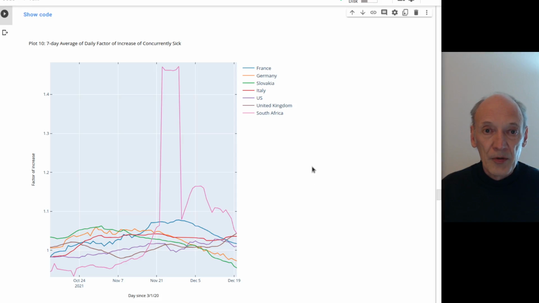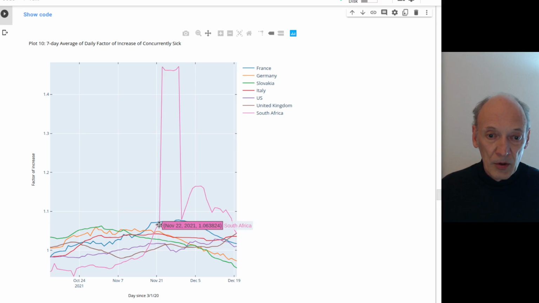So here you can see my plot 10, the 7-day average of daily factor of increase of concurrently sick. So here is the beginning of the outbreak of the Omicron variant in South Africa. And you can see here it goes beyond 1.4. So this is a very steep increase in the number of concurrently sick.